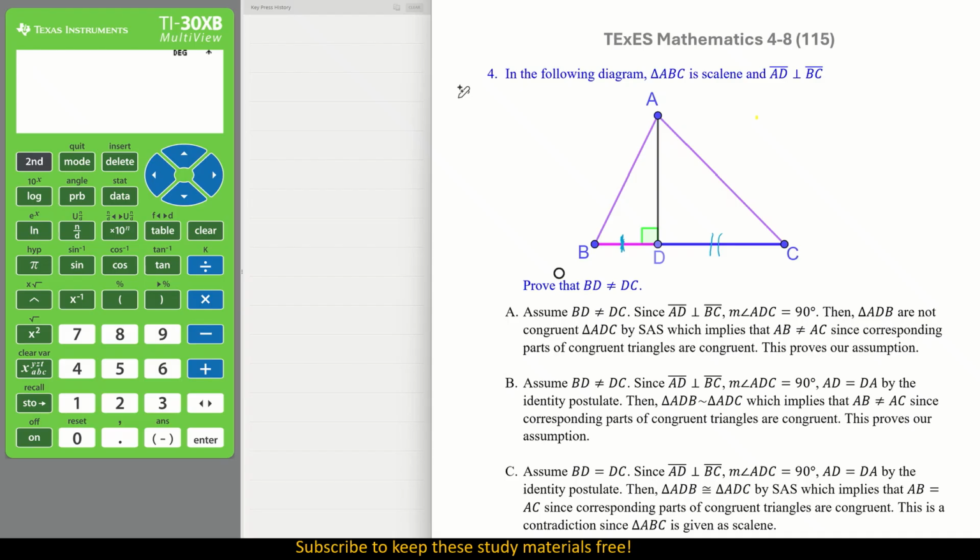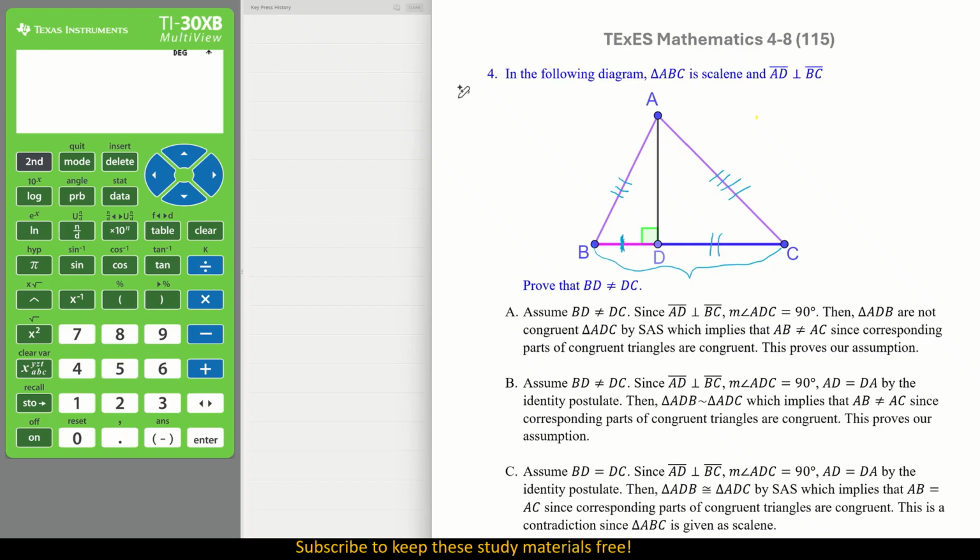If this is scalene, those are not equal, but we also know that this would not be equal either, and this would not be congruent to BA or AC. That's what scalene means. All the sides are not equal. But we have to prove that.